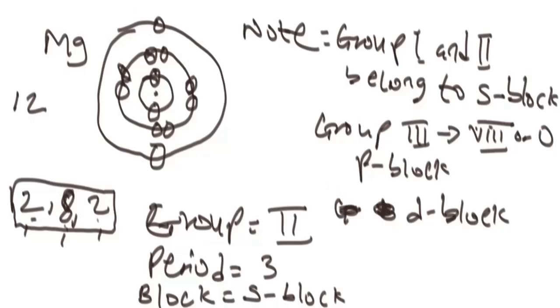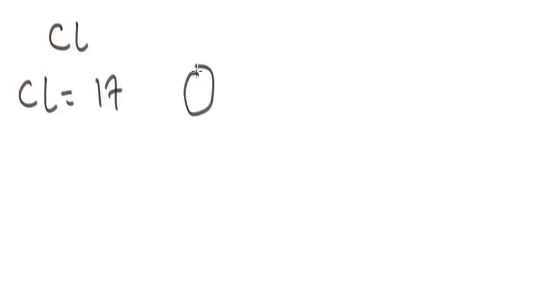We are given chlorine. Find the group, period, and block of chlorine. As you know, chlorine has atomic number 17. So let's represent the atomic structure of chlorine. This is the first shell, containing a maximum of 2 electrons.